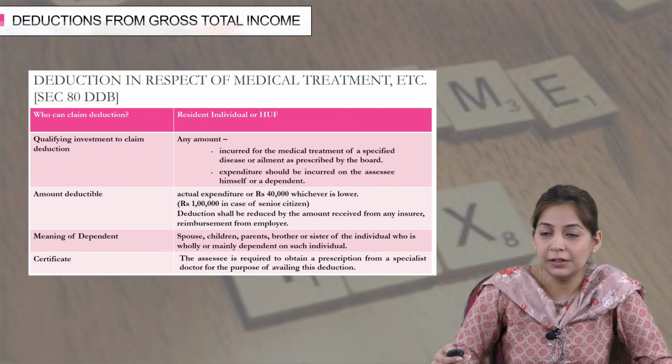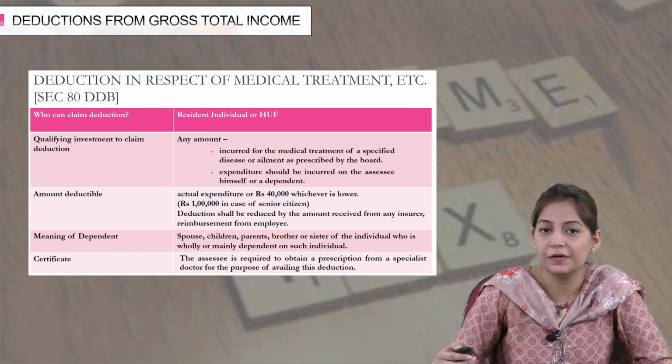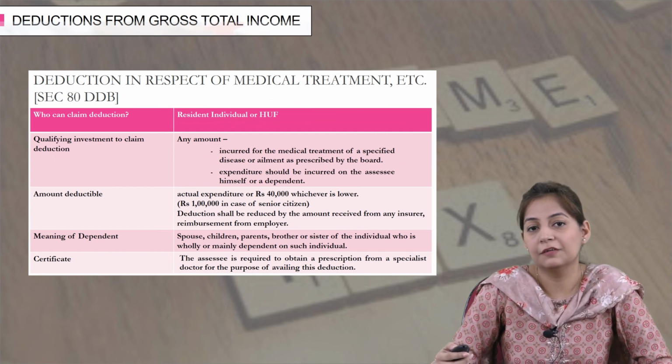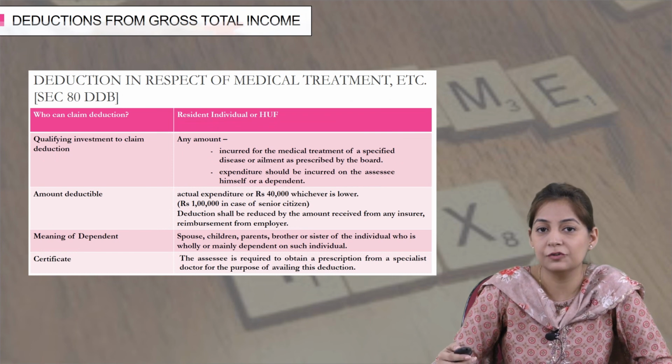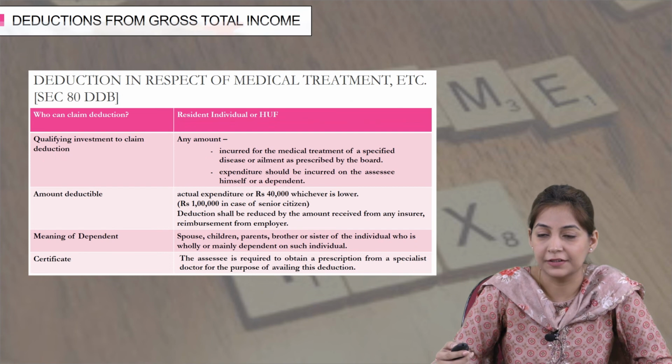So, in 80DD the deduction does not depend on the amount of actual expenditure, but here it depends on the actual expenditure. If you have spent 35,000, we will give you the deduction of 35,000, but if you have spent 45,000, we will give you the deduction of rupees 40,000 only.